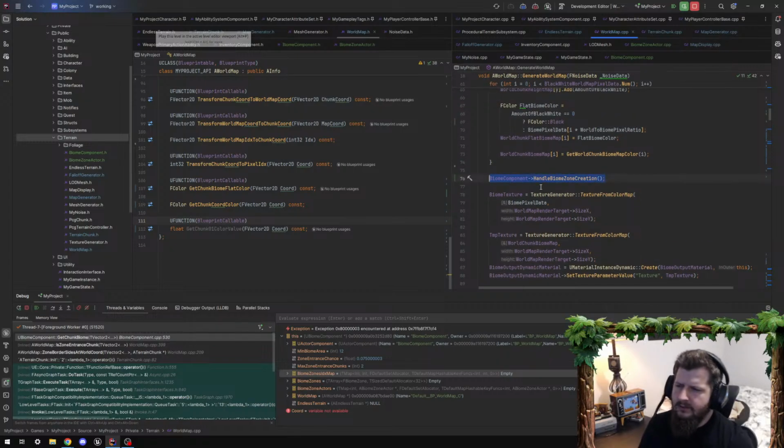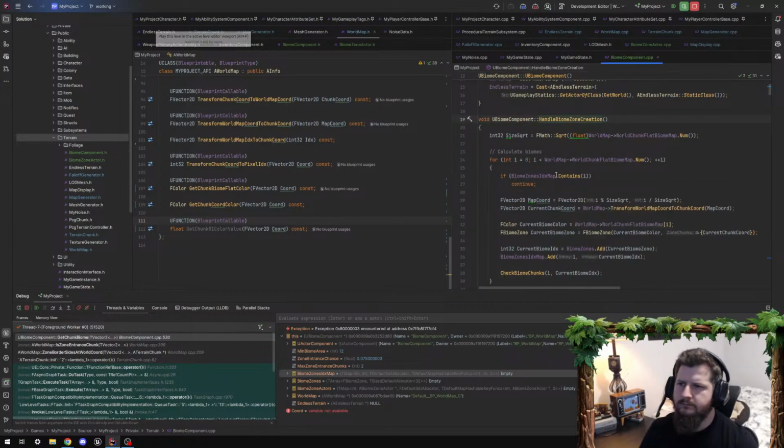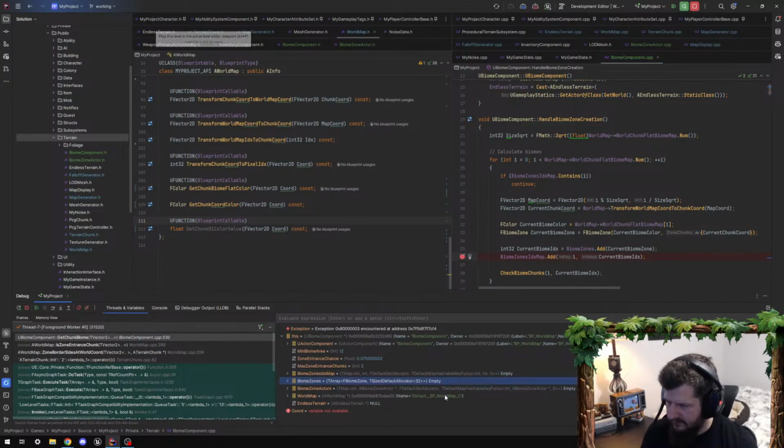Yeah, I do that here. Let's put a breakpoint there to make sure that actually gets reached. But like, why are those empty now then?